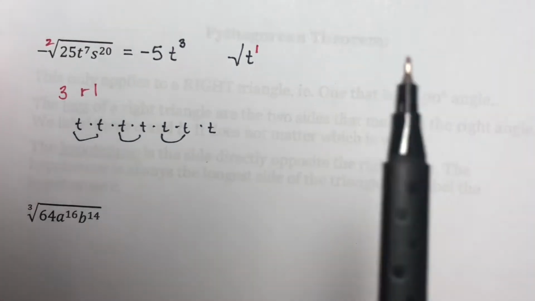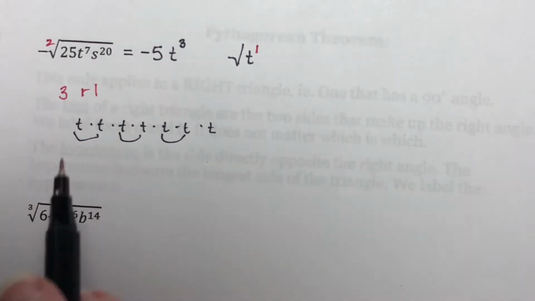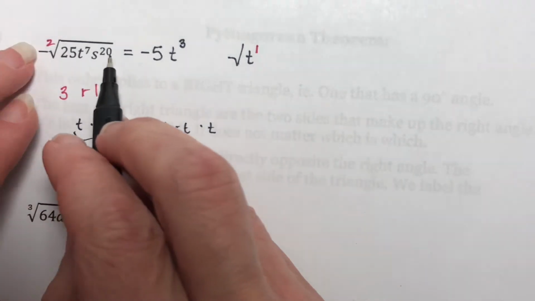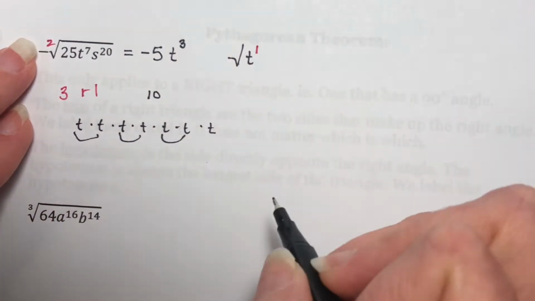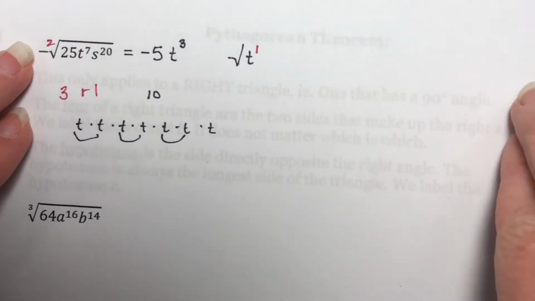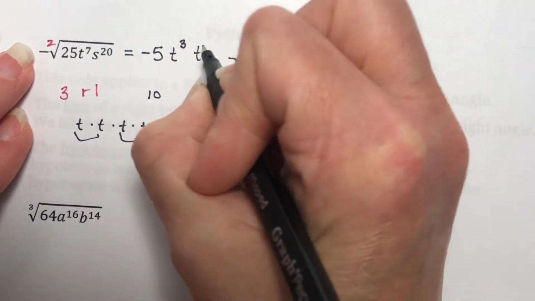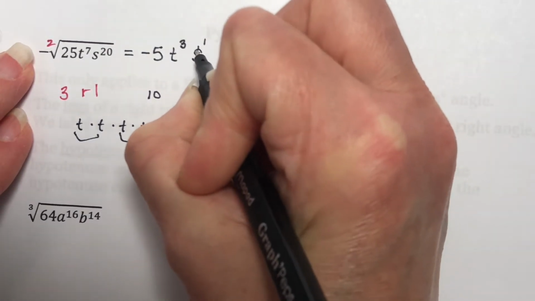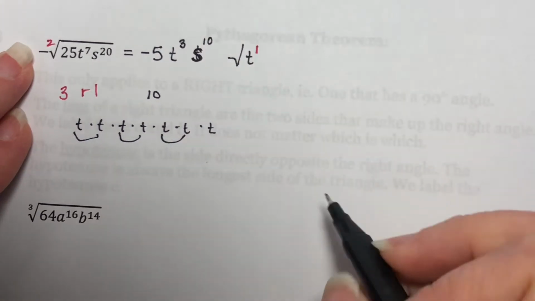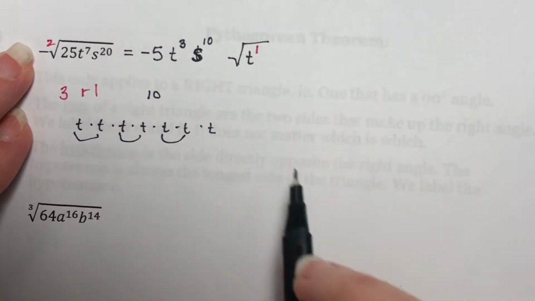Okay? All right, so let's do this one. 2 divides into 20 10 times exactly with nothing left over. So I'm going to have s to the 10th power on the outside. And there's no s on the inside.